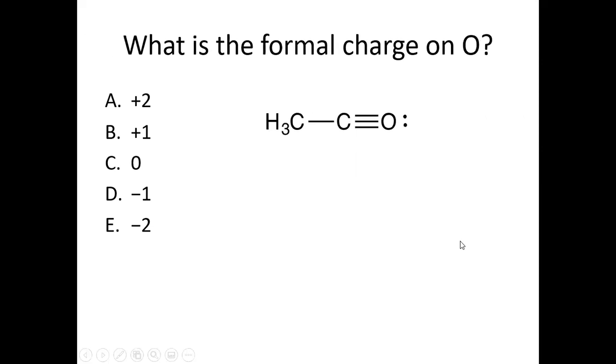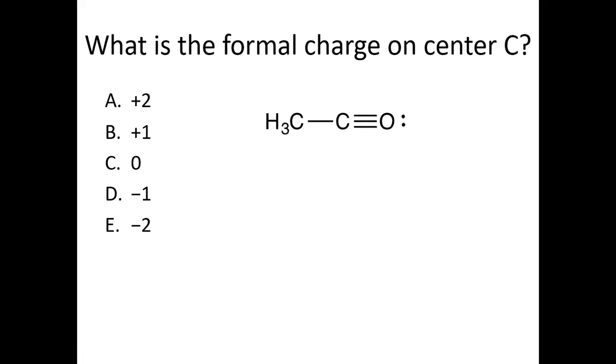Keep it up. So what now is the formal charge on carbon in the center? Just pause if you want, to do it on your own so you can get the answer. So the formal charge on carbon is going to be number of valence electrons, 4, minus number of bonds, so 1, 2, 3, 4.